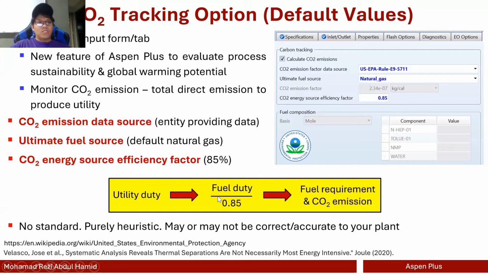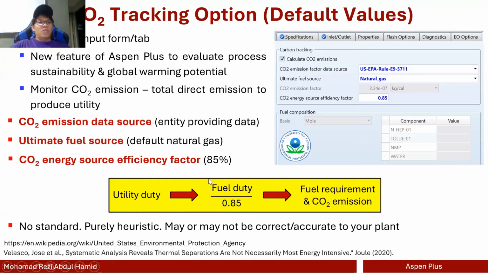So normally, for the fuel duty that you use, for example natural gas, let's say I have 100 kilojoules of fuel, and if you specify 0.85, meaning that 85% of the entire fuel duty will be used to generate the high pressure steam.